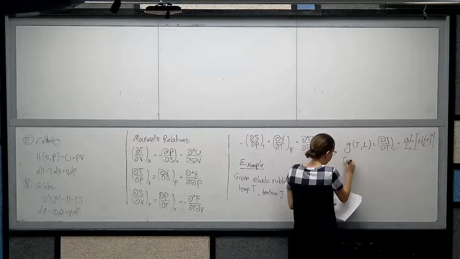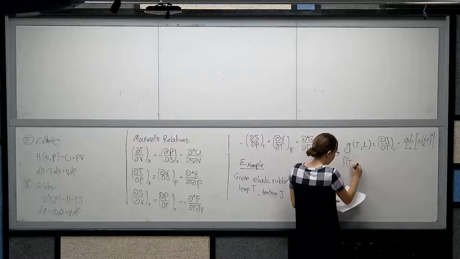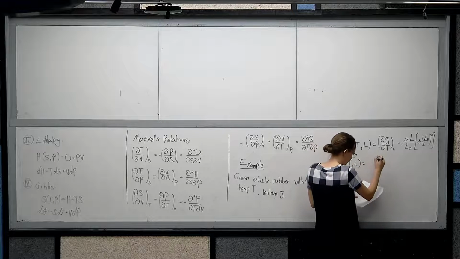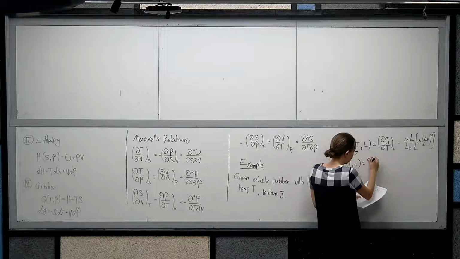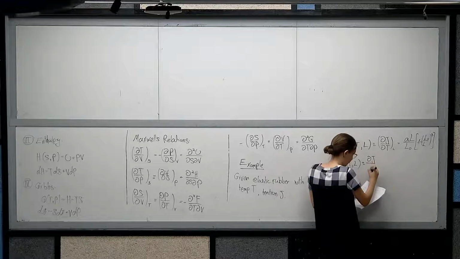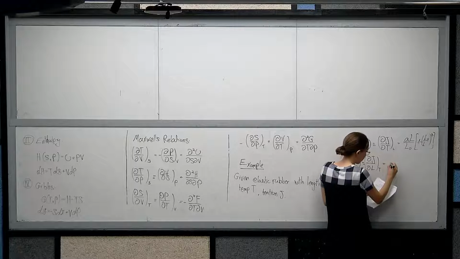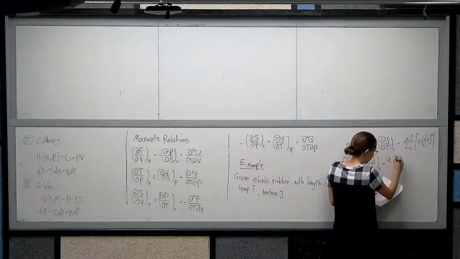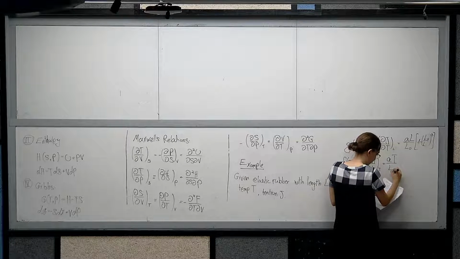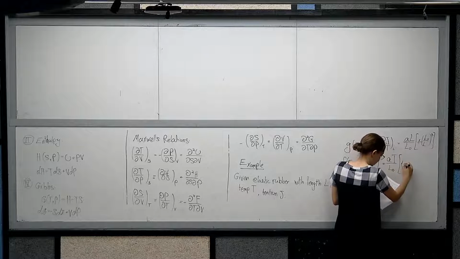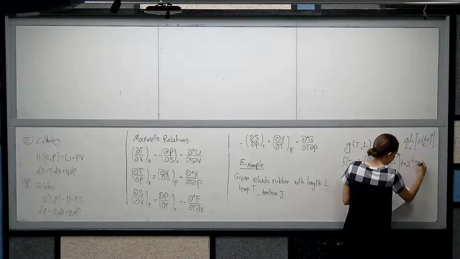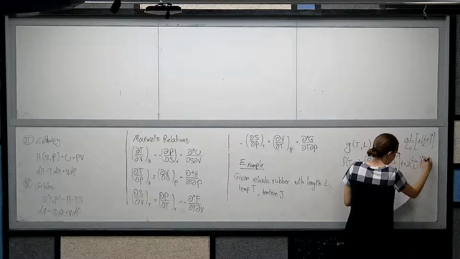And we have another function F, defined by the derivative of J over L, where T is constant, equal to AT divided by L0, times 1 plus 2 (L0 over L) to the third.